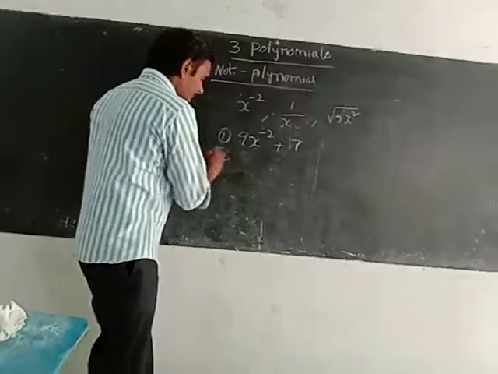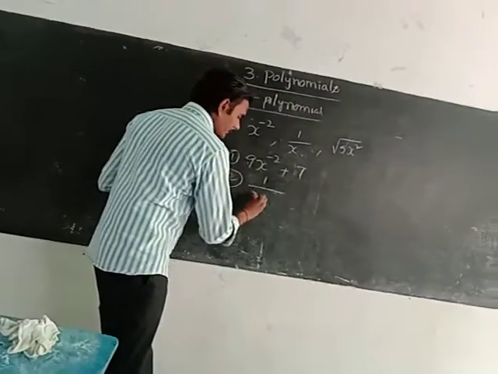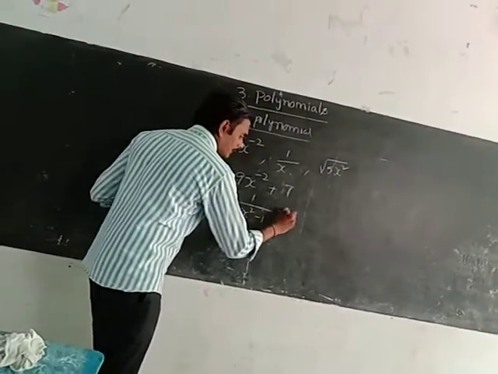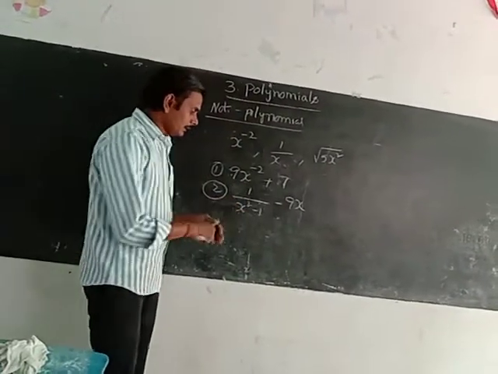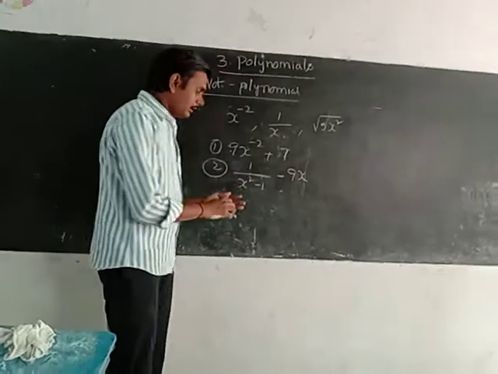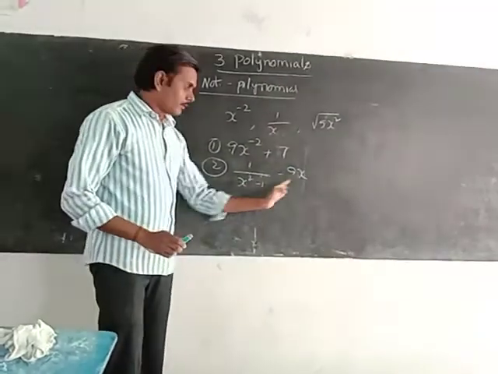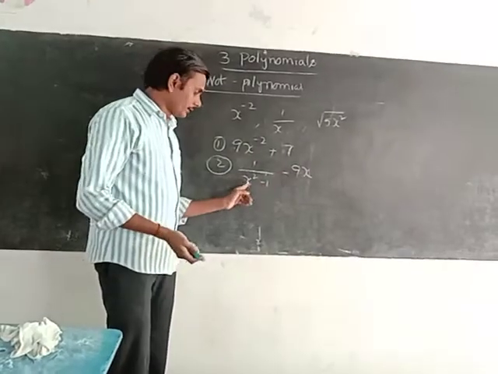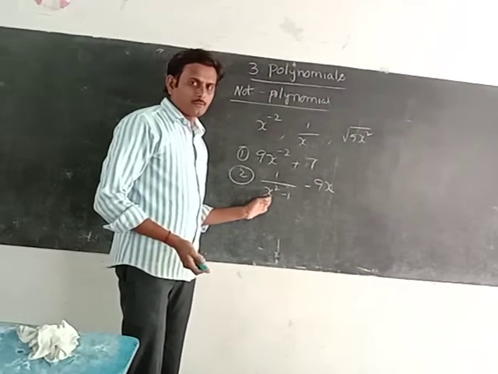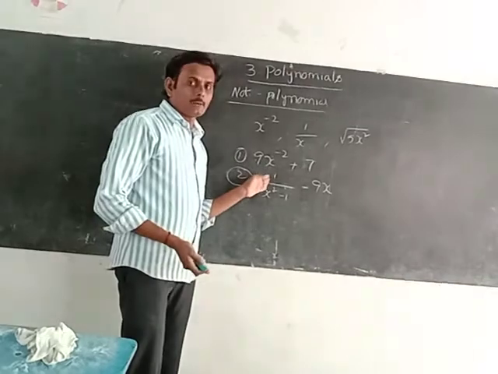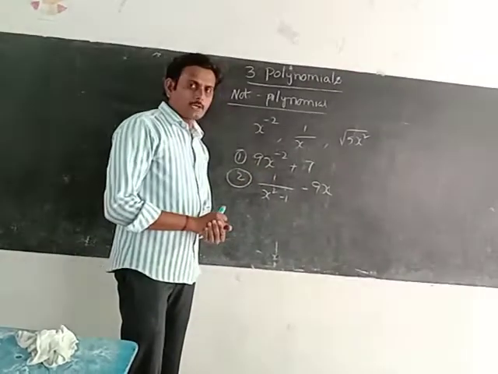One more example: 1 by x square minus 1 plus 99x. Consider this one term and this another term. Here the variable appears in the numerator in one, but in the other it is in the denominator. That means it will be a negative integral power if you move it to the numerator. So this is not a polynomial.